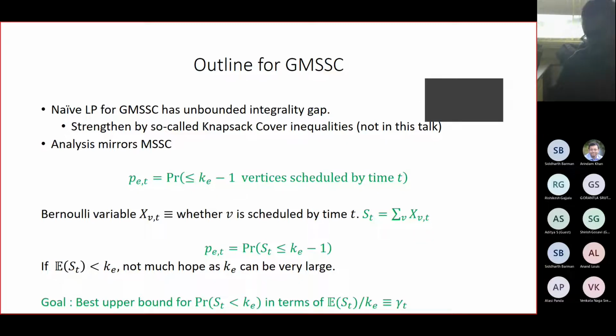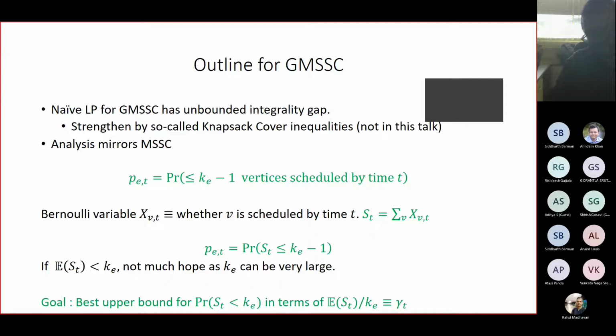So the interesting thing will be to upper bound this probability that St is strictly less than K as a function of this ratio, the expectation of this sum divided by K. Let's call this number gamma t.